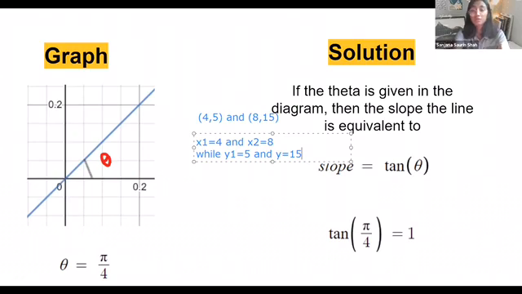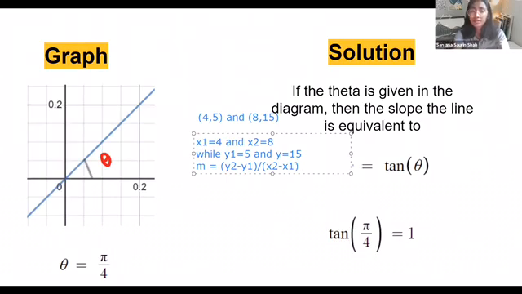So based on the previous formula, our slope should be equal to y2 minus y1 divided by x2 minus x1.